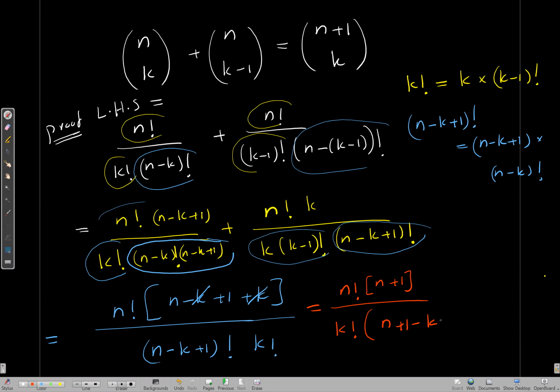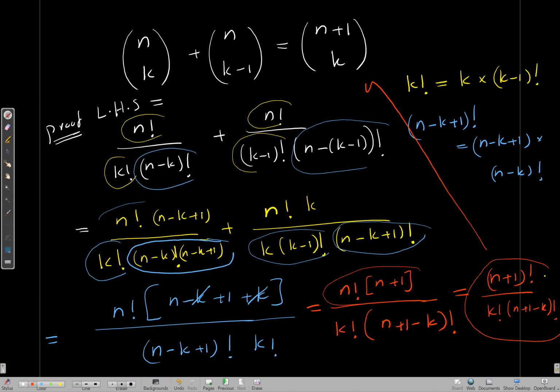So I just rearranged the last terms. Now what is this? This is factorial n plus 1 divided by factorial k times factorial n plus 1 minus k. This is nothing but the right hand side, and we are done. Thank you.